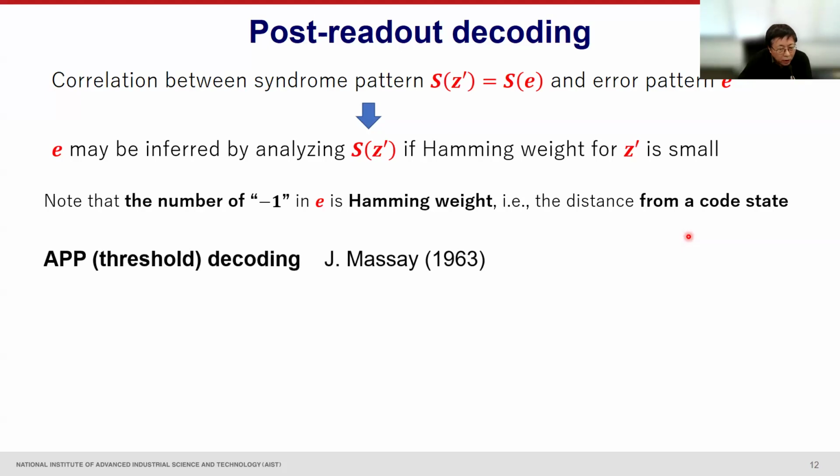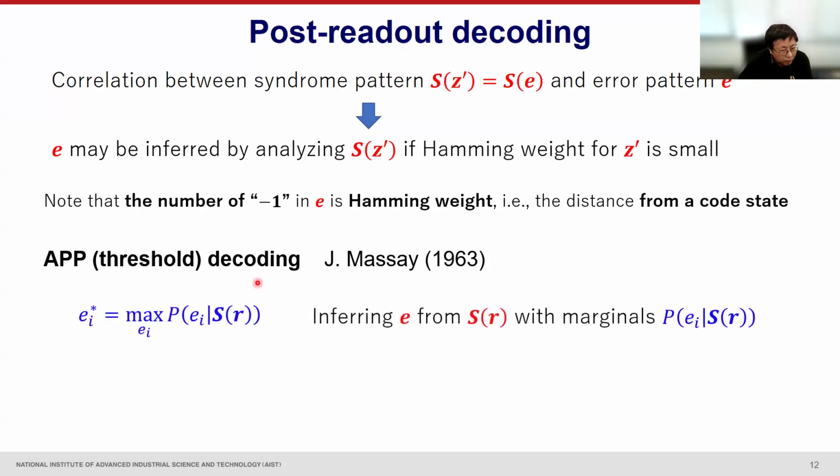Massey considered APP, in other words, threshold decoding, in his thesis. He showed that the error pattern E can be inferred from the syndrome pattern for the readouts R using the knowledge of the associated marginal probability, this probability.